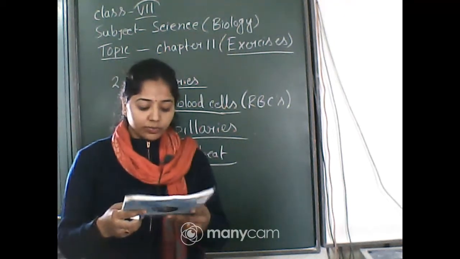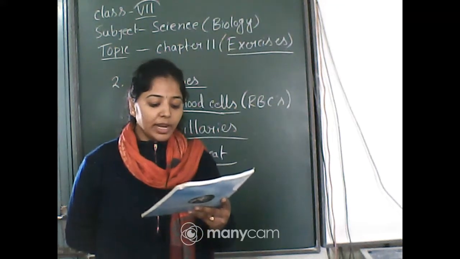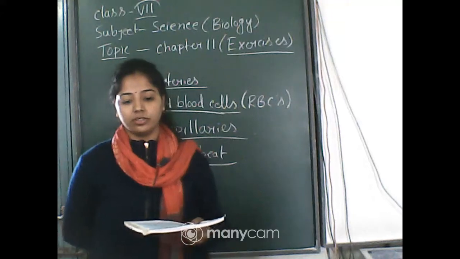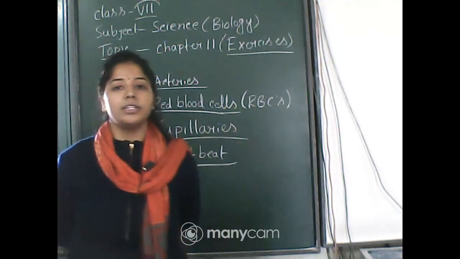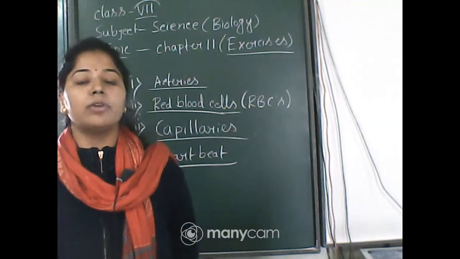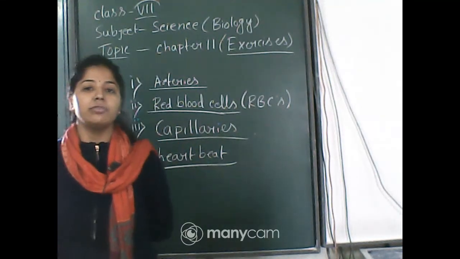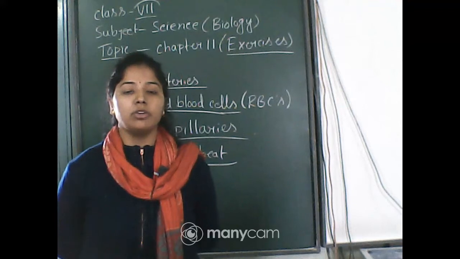Now comes the fifth question: the main excretory product in human beings is dash. Now I am giving you options. Different excretory products I have discussed: uric acid, urea, ammonia. Among these three, which is the excretory product in human beings?